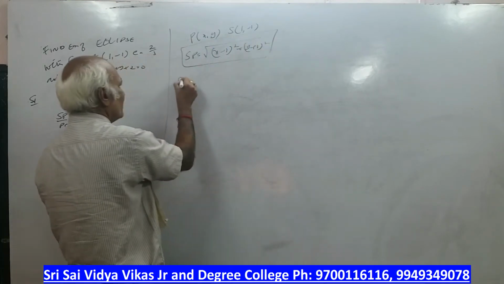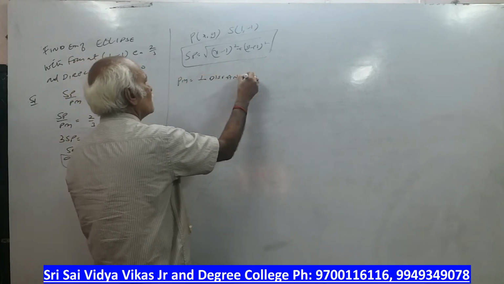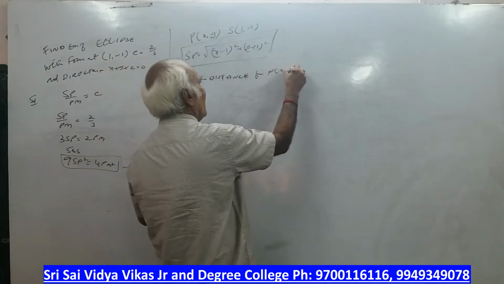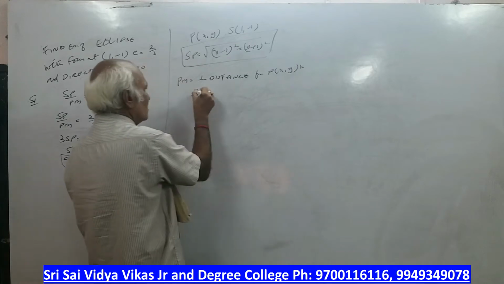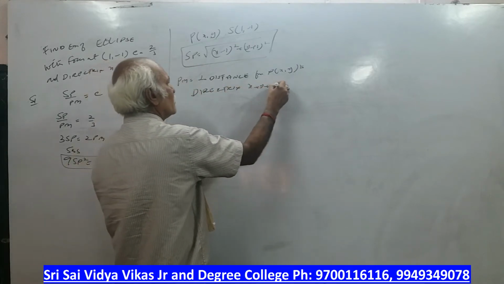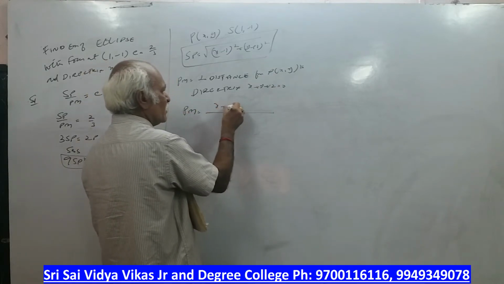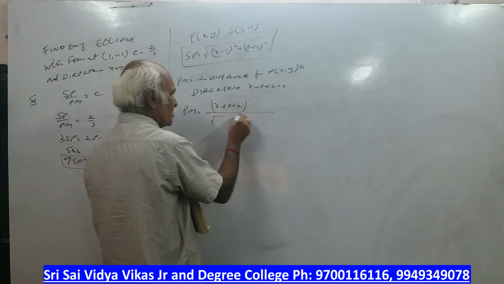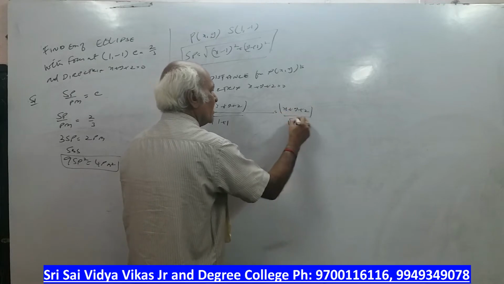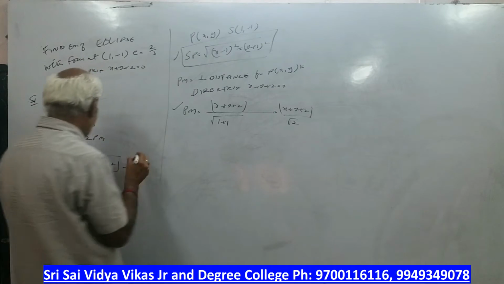Now PM is the perpendicular distance from P(x, y) to the directrix x + y + 2 = 0. So PM is equal to modulus of (x + y + 2) by root of (1 plus 1), that is root 2. So we got the PM value and the SP value.